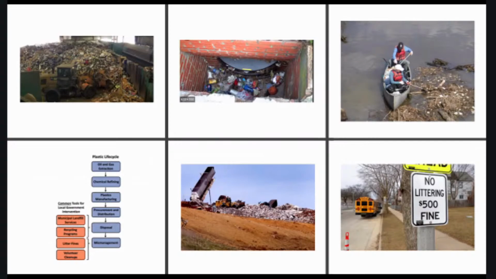And a really significant component of all of that, I think, that is important for us to recognize from a policy perspective is that all of these activities are funded by local governments and taxpayers.